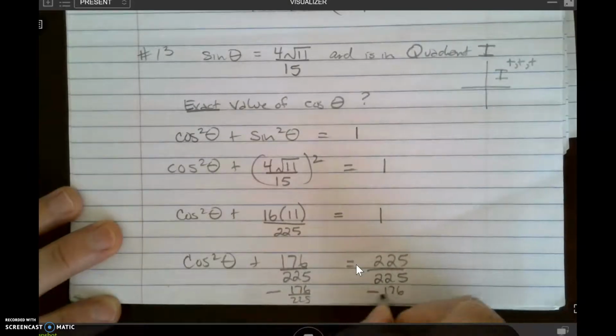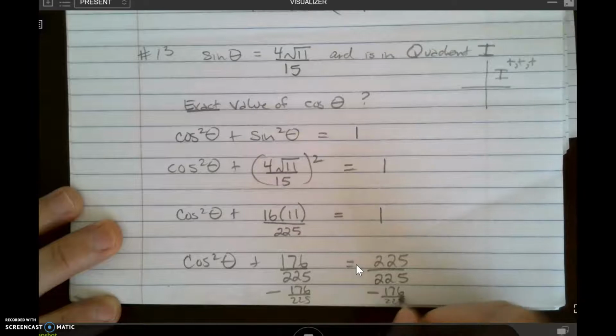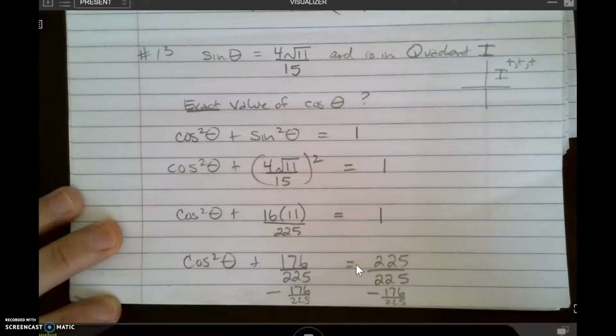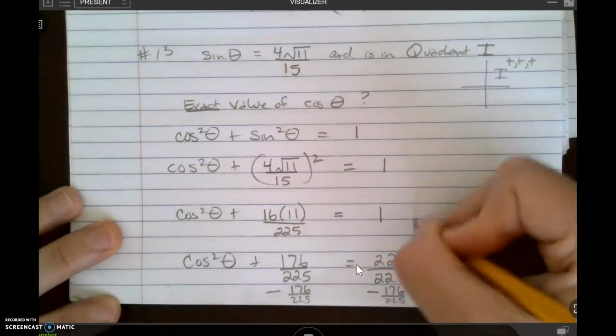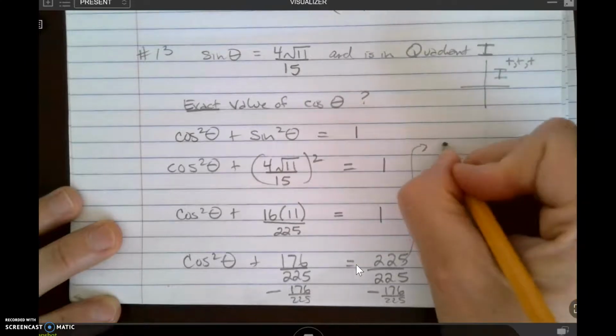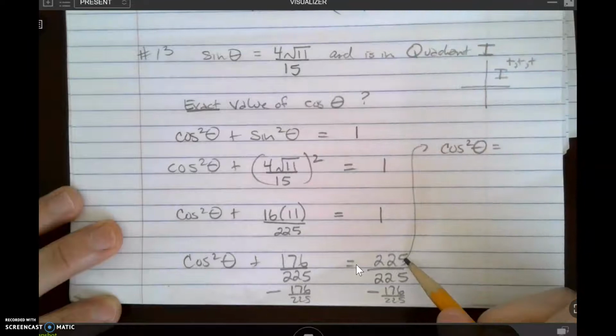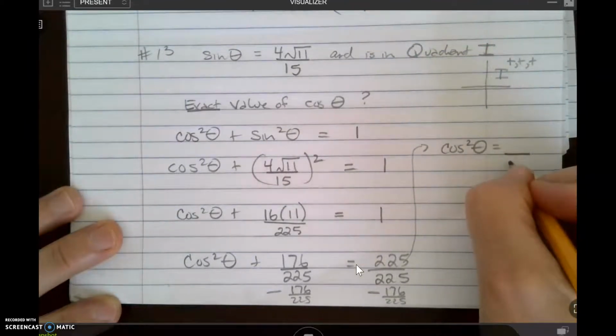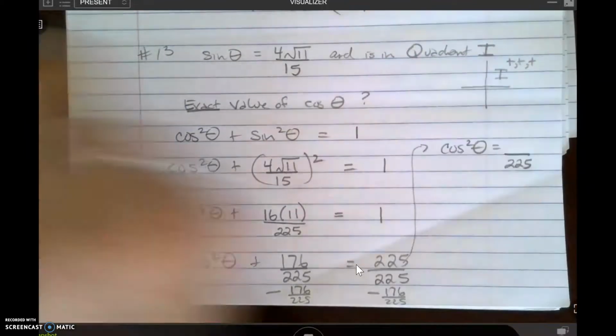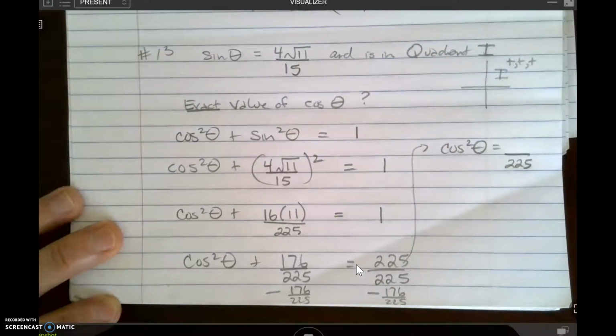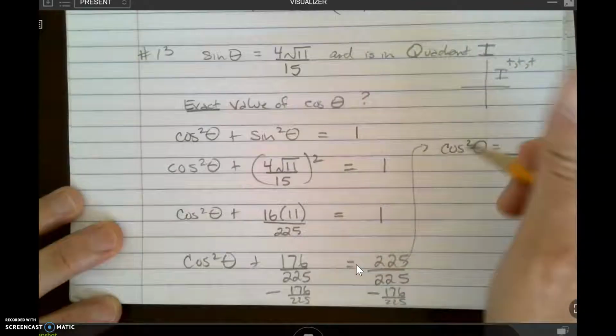That's why I changed this to 225 over 225. And I'm just going to come right up here, and I get that the cosine squared of theta equals 225 minus 176. So 225 minus 176, I get 49.